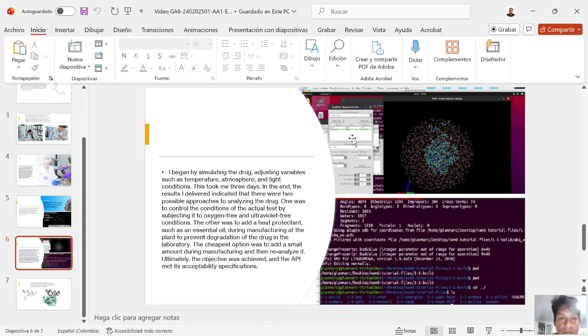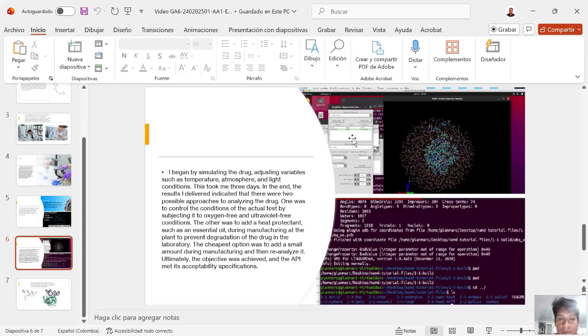One was to control the condition of the actual test by subjecting it to oxygen-free and ultraviolet-free conditions. The other was to add a protection such as an essential oil during manufacturing at the plant to prevent degradation of the drug in the laboratory.